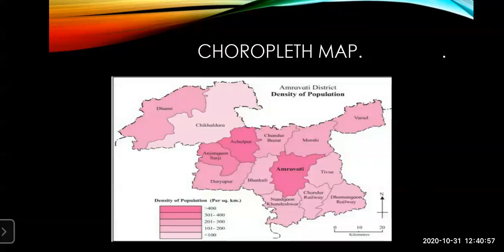We cannot show that one part of Chikaldhara will be more and one part will be less, because whatever the total population is, only that color we are going to put in that particular place. That is why you cannot show accurate information in this choropleth map, and that creates a limitation for it.